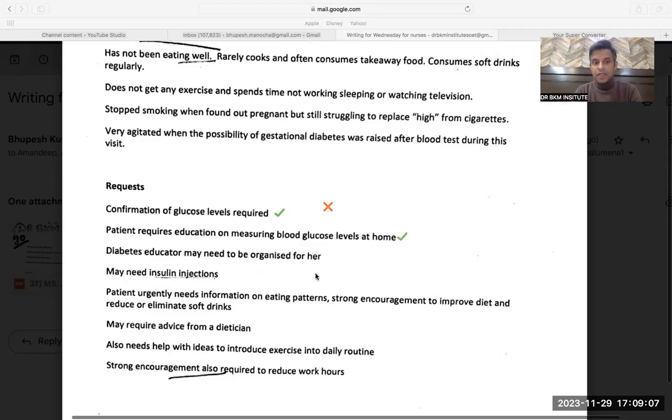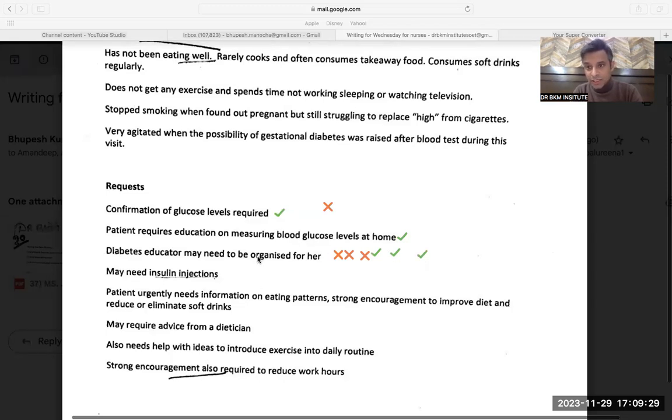Diabetes educator may need to be organized for her. We can request the diabetes specialist to arrange a diabetes educator. If you think it is not required, you can arrange a diabetes educator yourself. So it is a point that can be included, but try to leave this point till the end.